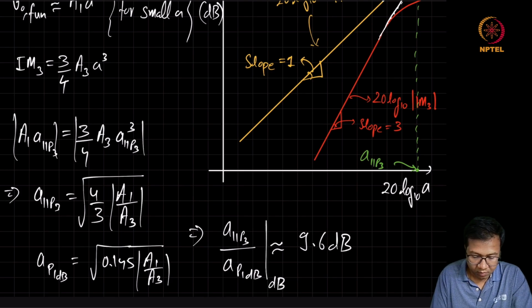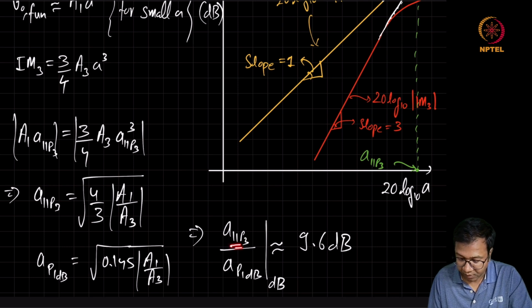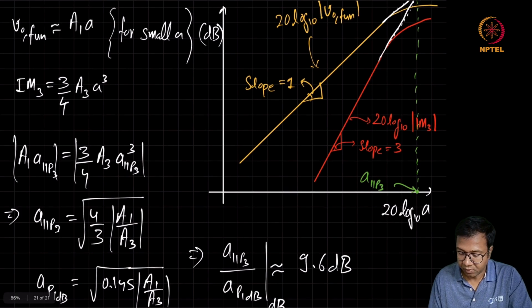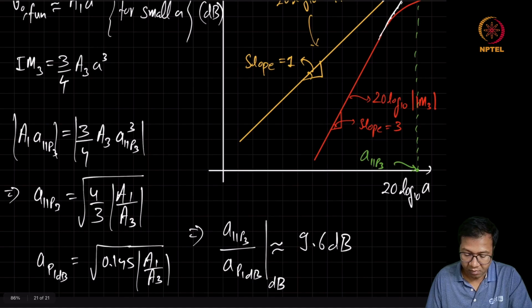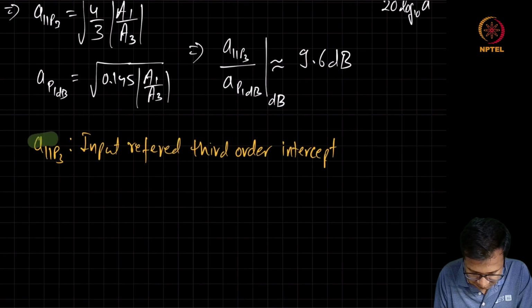Okay, so this IIP3 point is going to be almost 9.6 dB above the P1 dB. So in reality, we will never be able to make the fundamental and IM3 components equal, but this is just an extrapolated point to characterize the nonlinearity of the system.